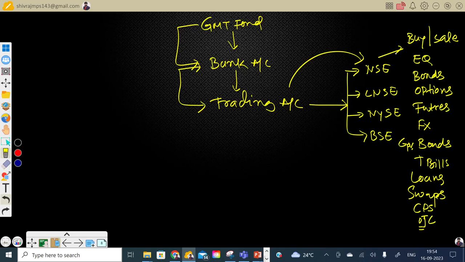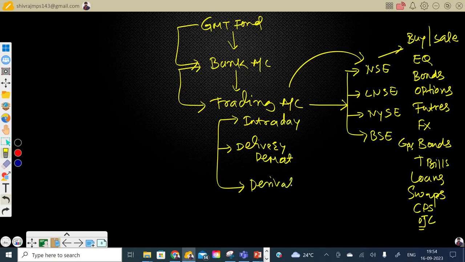If you have a trading account, here also you might see categorization. Maybe for intraday you would see a different account, for delivery a different approach, maybe a demat account, and for derivatives as well you would see different accounts, and also for FX and commodities.